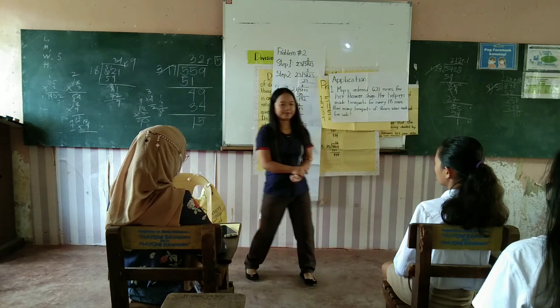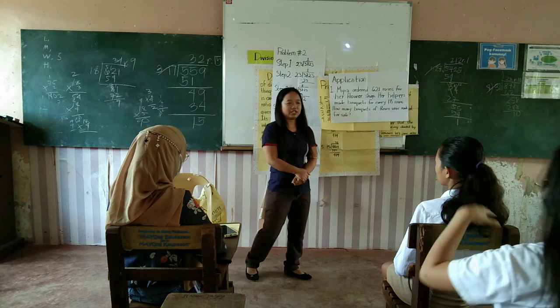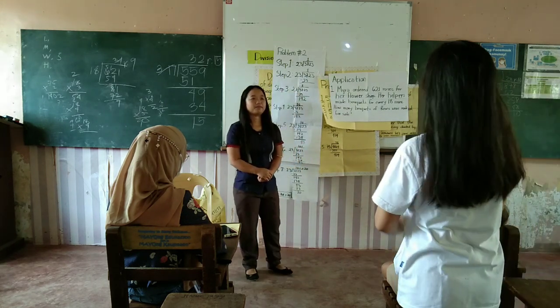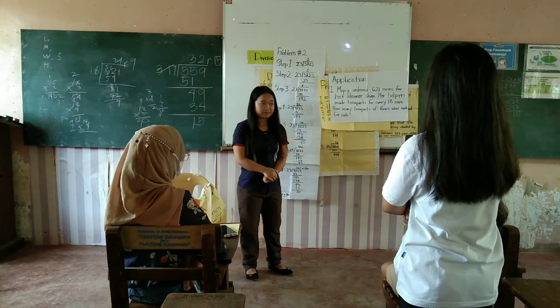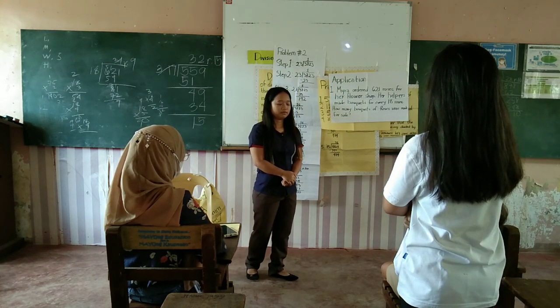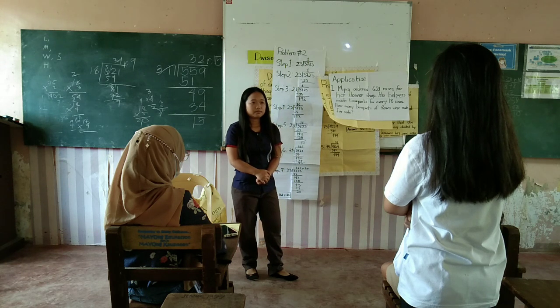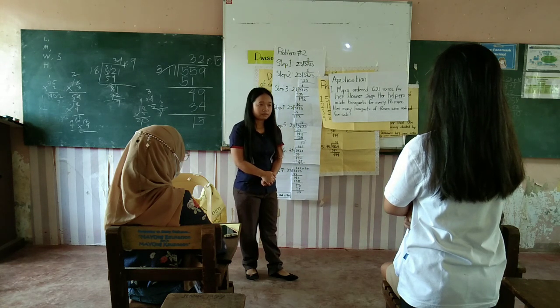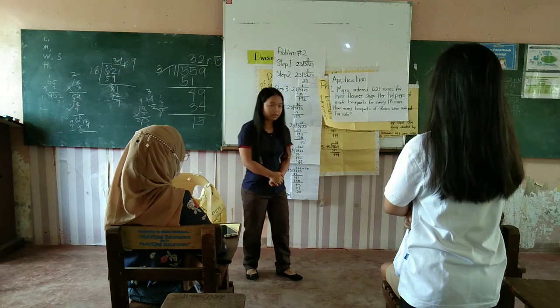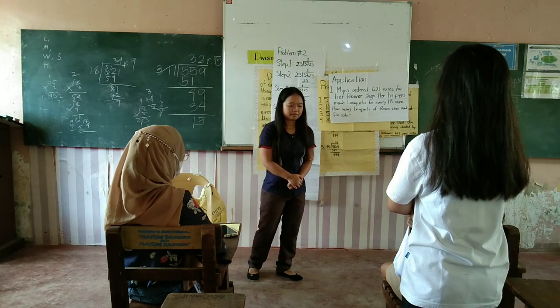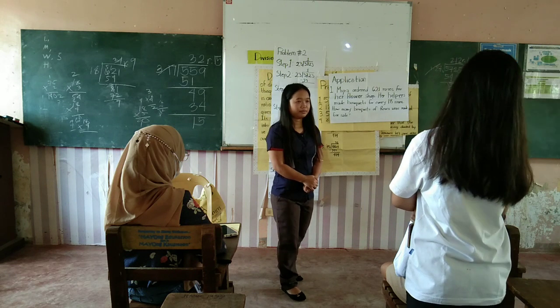Anyone? Okay, Apple Sheen. Step 1, divide. Step 2, multiply. Step 3, subtract. Step 4, bring down. Step 5, divide. Step 6, multiply. And step 7 is subtract.